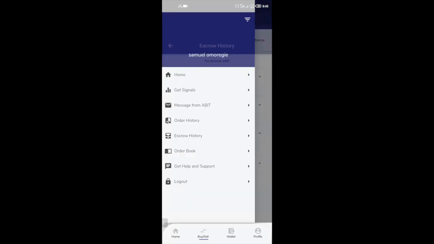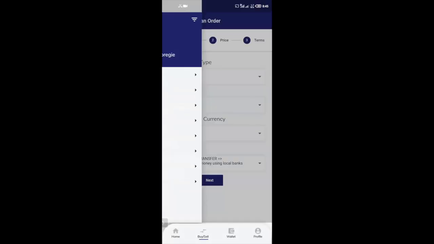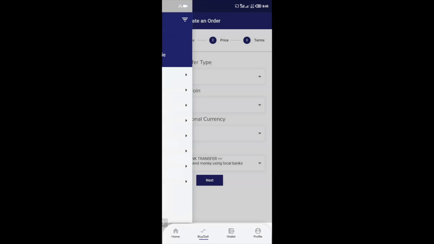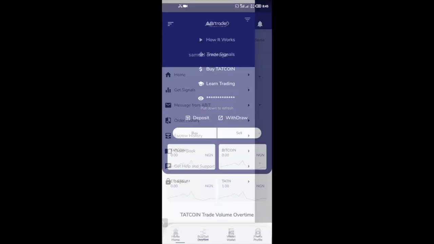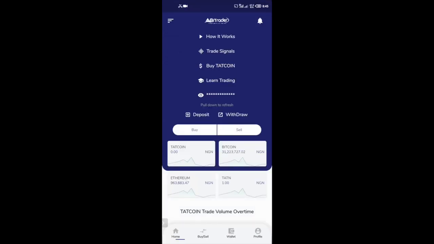Okay, if you have any issues, you can discuss with the escrow. We would work on all of those later so that we don't have challenges in the future. So you would have to talk to the escrow and resolve any complaints that you may have.